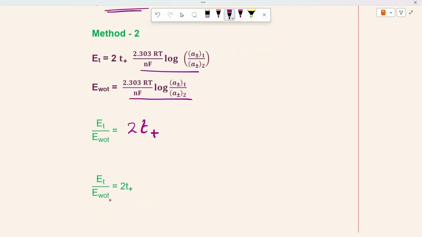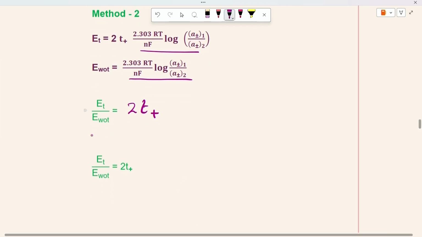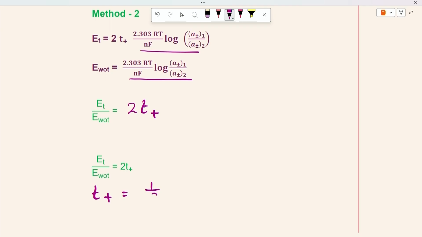E with transference divided by E without transference is equal to 2t plus, so t plus is equal to 1 by 2 into E with transference divided by E without transference.